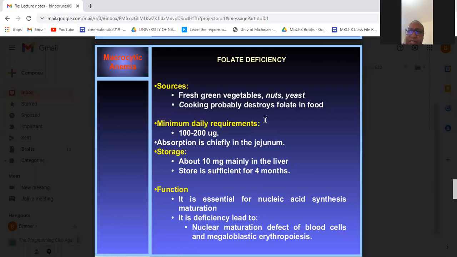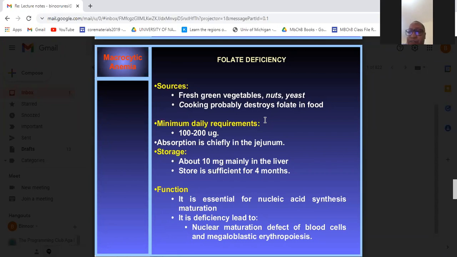Storage is about 10 milligrams, mainly in the liver, just like B12. The storage for folate is only sufficient for 4 months, as opposed to B12, which we said was almost 1 year.